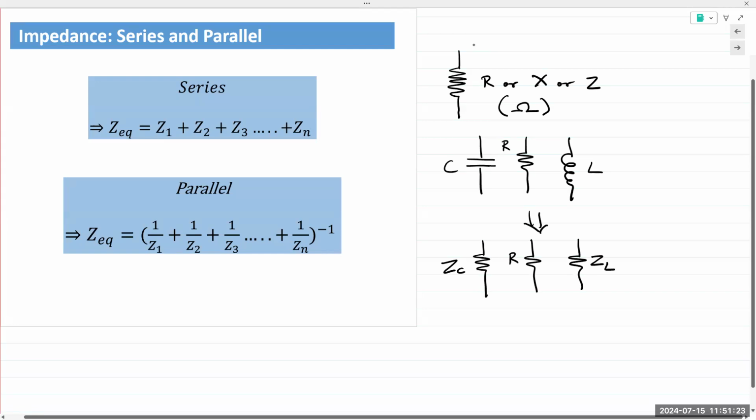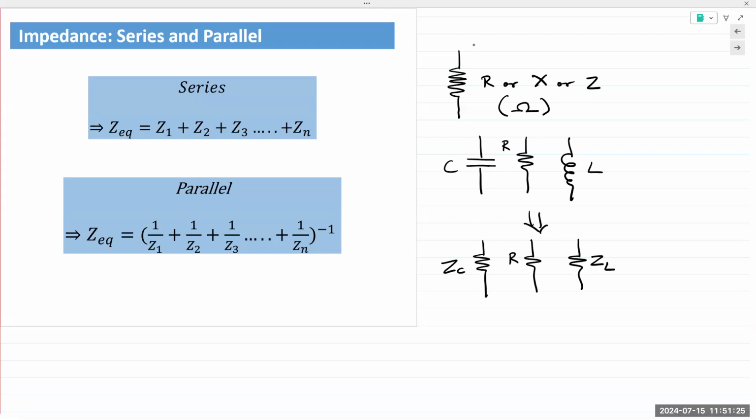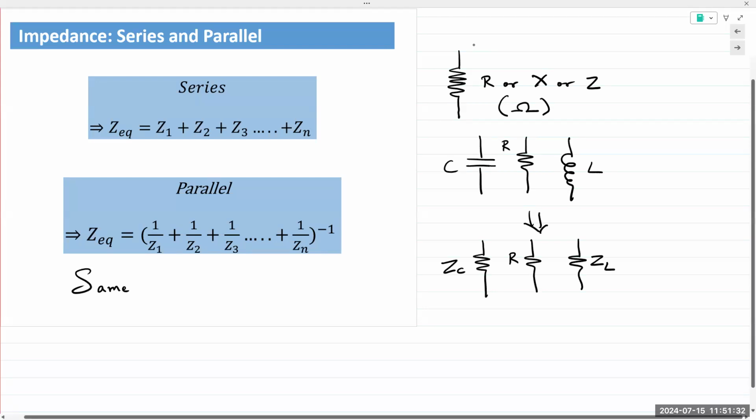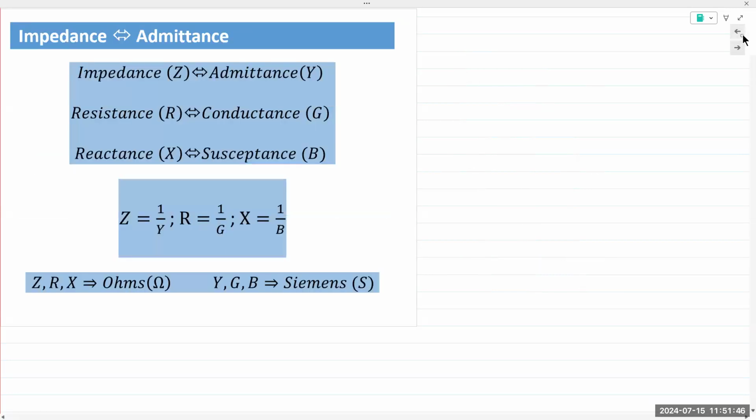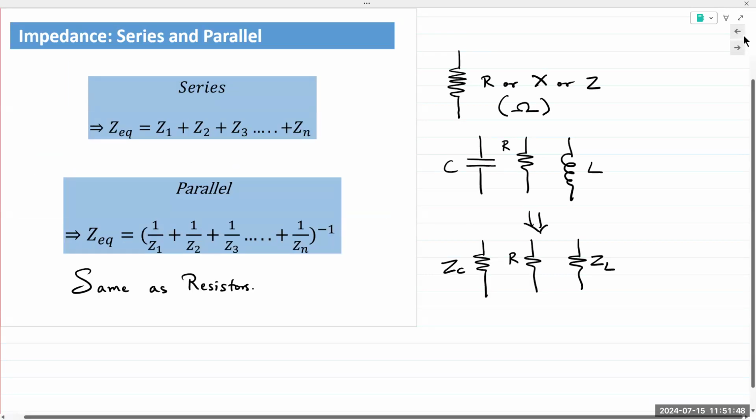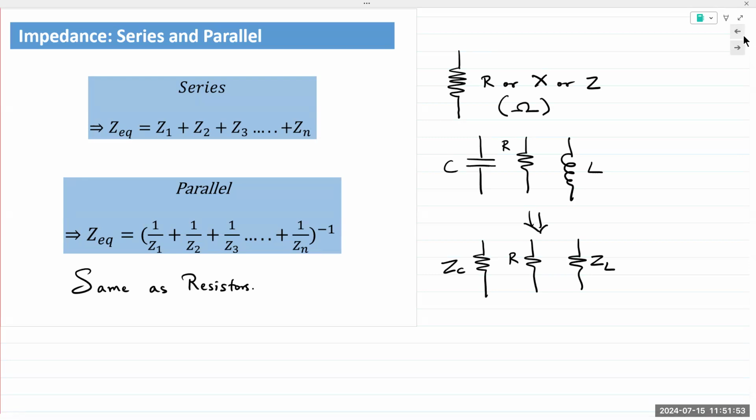And depending on the circuit configuration, if you have the impedances in series or parallel, they combine the same way as resistors, except it is a complex quantity. So impedances in series and parallel are combined exactly the same way as resistances.